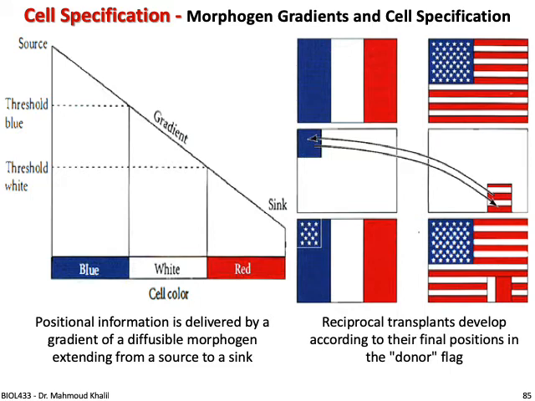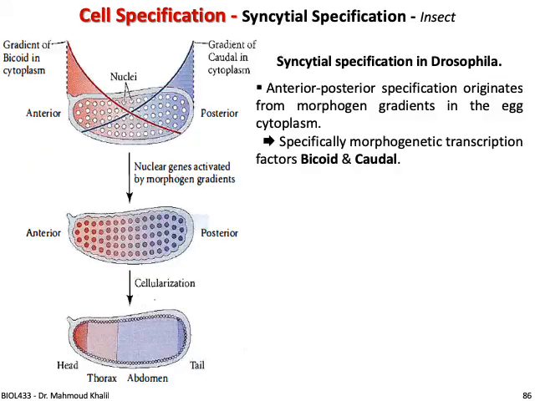It's as if it took the memory of its region, and when transferred back, it developed the same part of the original French flag. So these reciprocal transplants develop according to their original position in the donor flag.